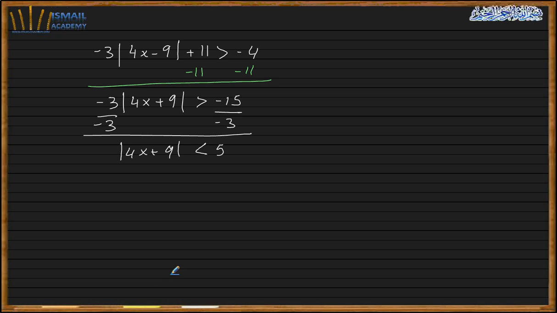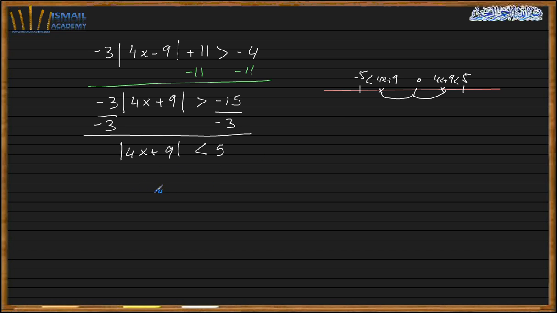Now again in my number line, I know that the distance from 0 to 5 is either on 5 or on negative 5. The absolute value should be less, that means the distance should be less. So in a location like here or a location like here, the distance is less. That means 4x plus 9 is less than 5, and 4x plus 9 is greater than negative 5.